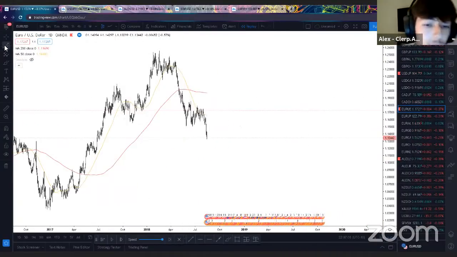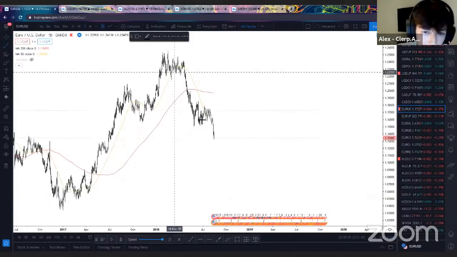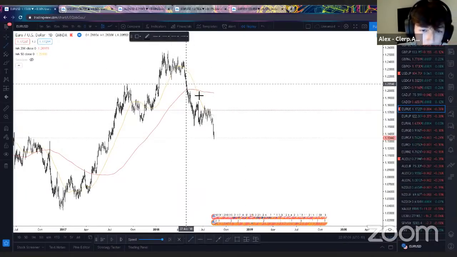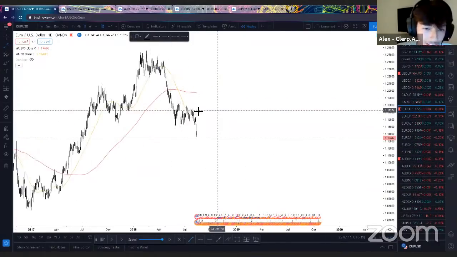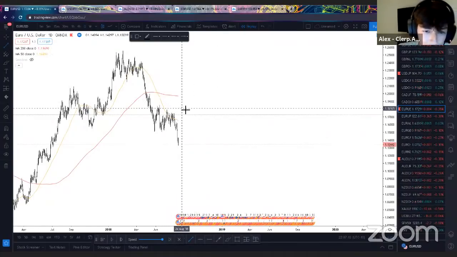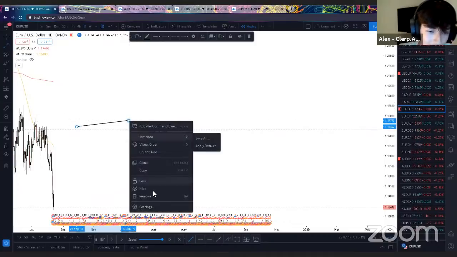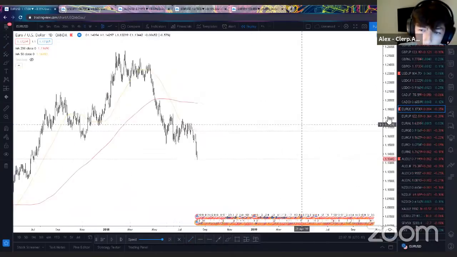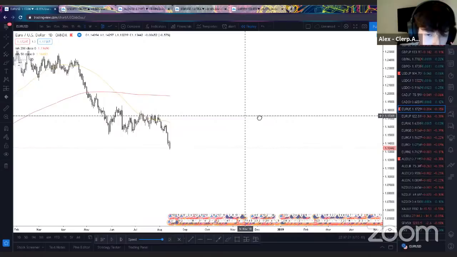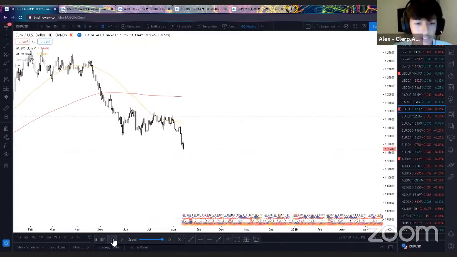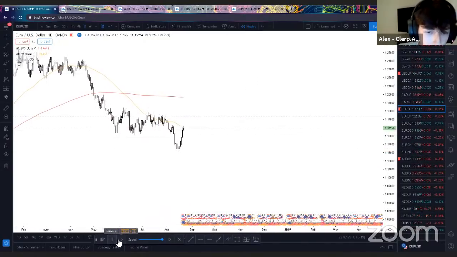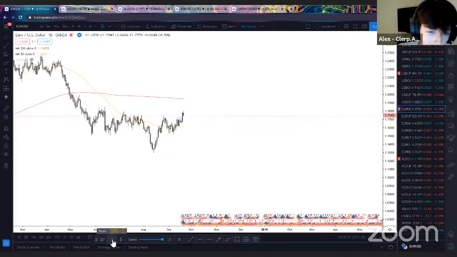All right. So it looks like we're kind of in a downtrend already. The 50 crossed over the 200 MA. So that kind of confirms the downtrend. Shooting down right now. That's my trend line. I'm kind of interested to see where it goes because I don't really have an entry right now. Oh, kind of consolidating a little bit.